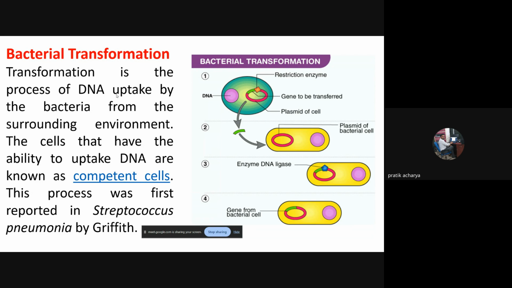He concluded that heat killing destroyed the genetic property of the bacteria. That's why the mouse was not affected by pneumonia and stayed alive.